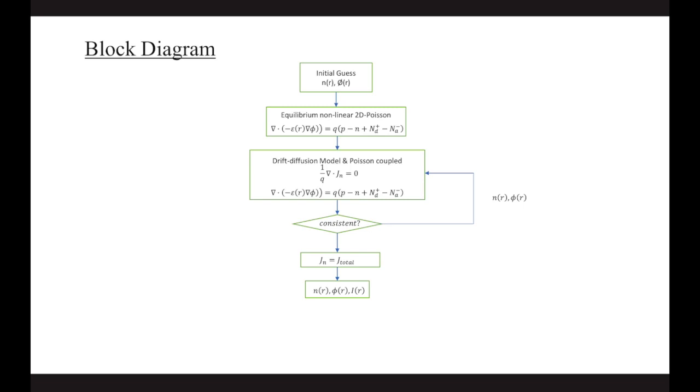We will also be using a Newton-Raphson iteration method to perform this, and until it converges to a provided value, the loop continues. Then once it converges, we will calculate the total current, which is given by the electron current density equation plus the hole current density equation, but in our case we can omit the hole current density, so it's only equal to the electron current density.